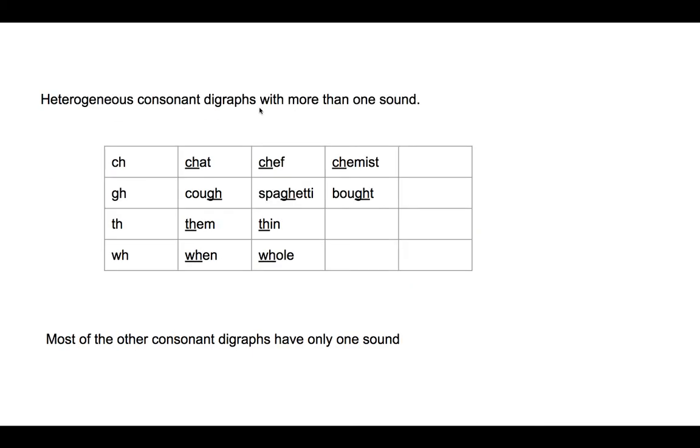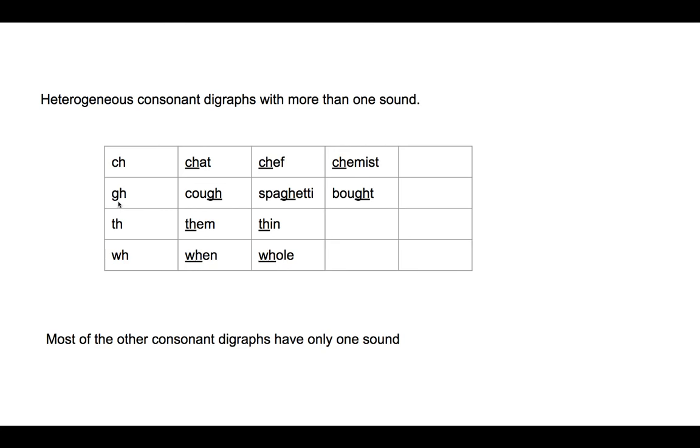Heterogeneous consonant digraphs with more than one sound. These heterogeneous consonant digraphs make more than one sound. For example, the digraph CH makes three different sounds: ch, sh, k. Ch as in chat, sh as in chef, k as in chemist.